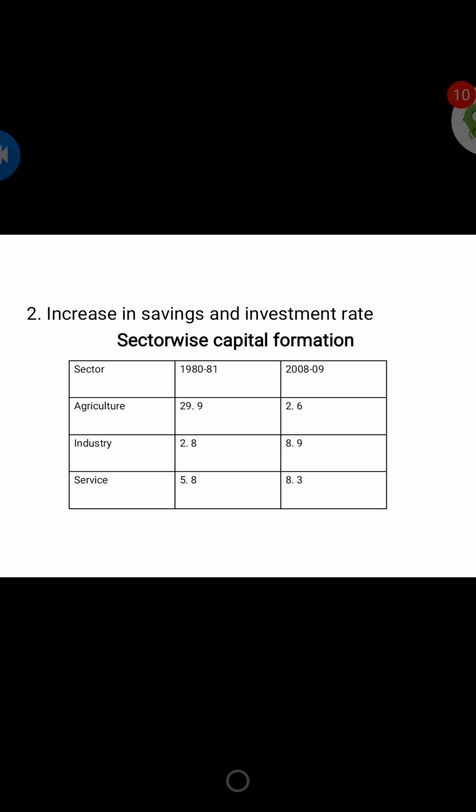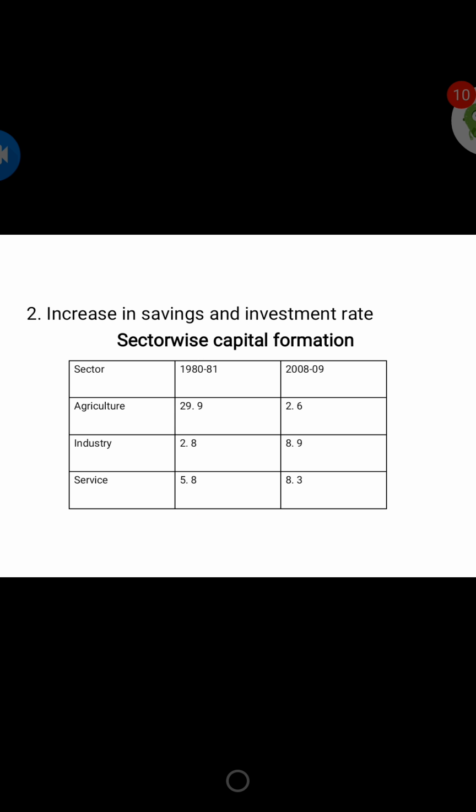In industry and in the service sector, if we see, there is an increase. In the case of industry, it has increased from 2.8% to 2.9%, right? Service sectors also from 5.8% to 8.3%. So it goes on to show an increase in business activity, which is due to the initiatives of economic policy.